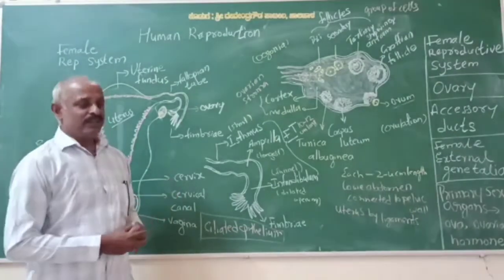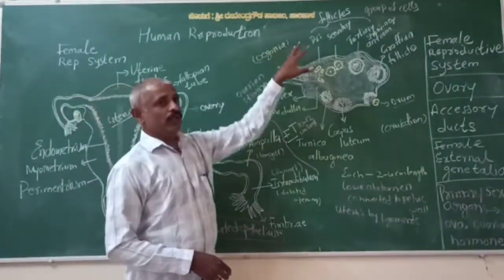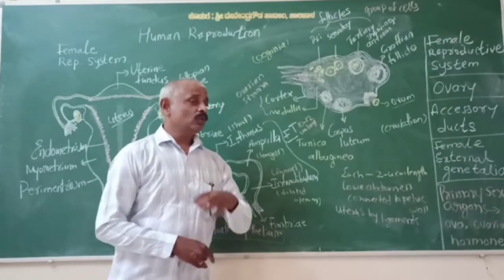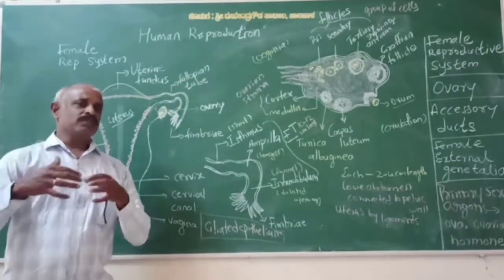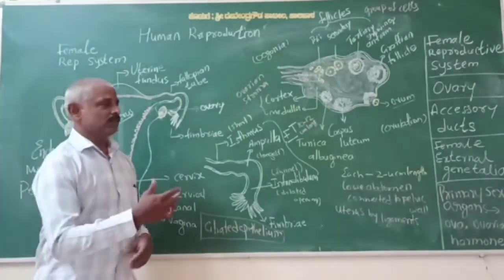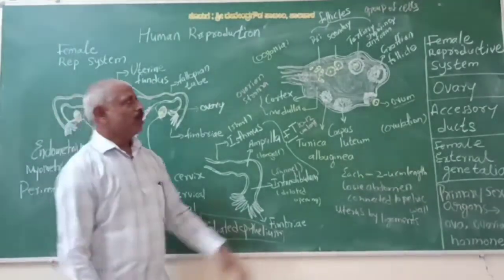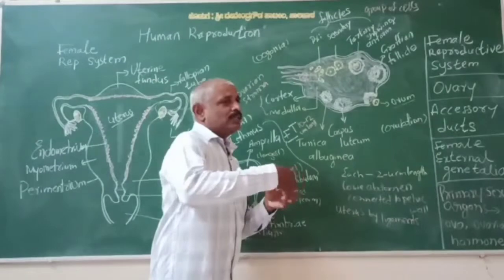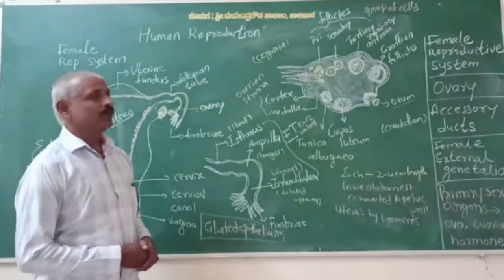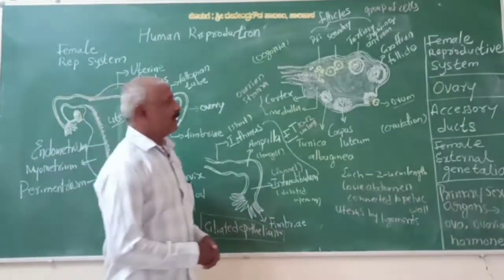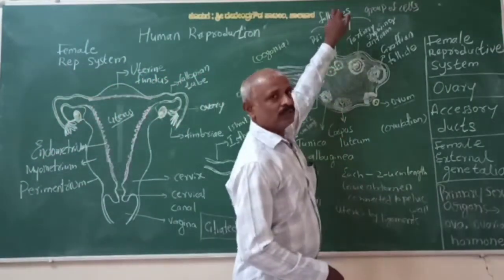This ovary contains a number of oogonia. After birth, there is no more formation of oogonia. These are fixed numbers. We will discuss this. You observe that these oogonia start developing and development keeps going on. We call these follicles.